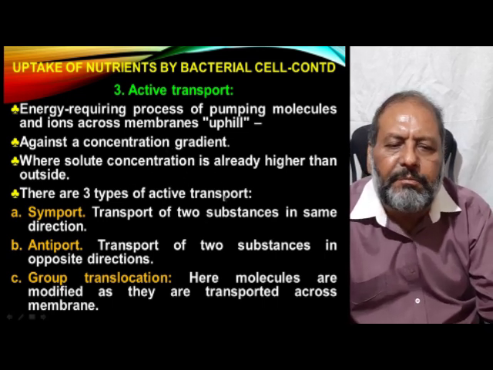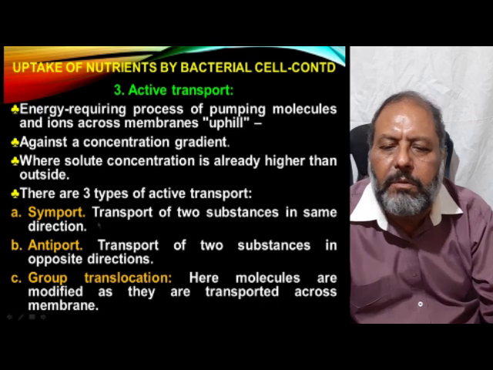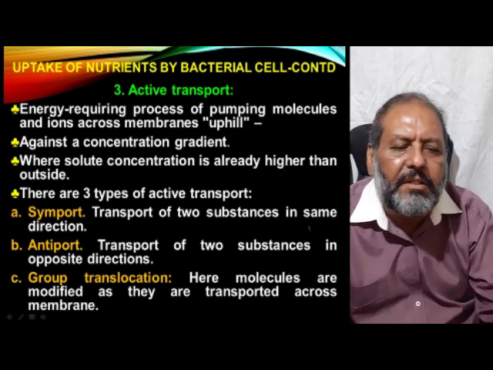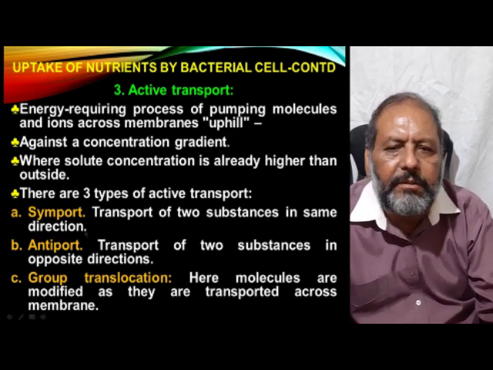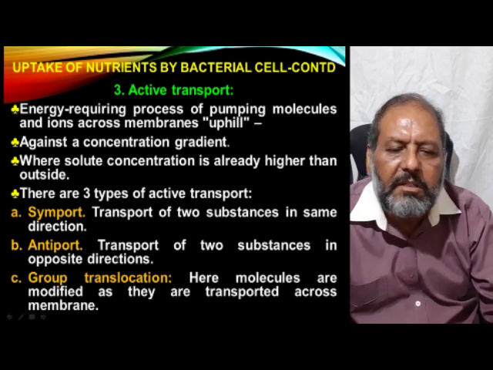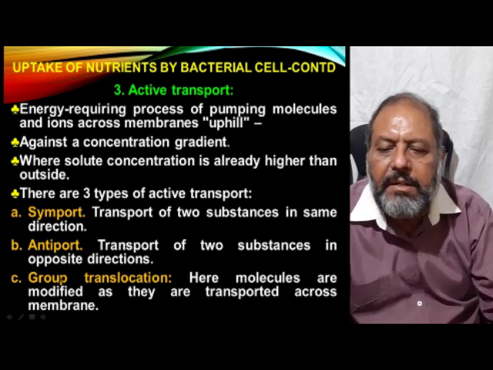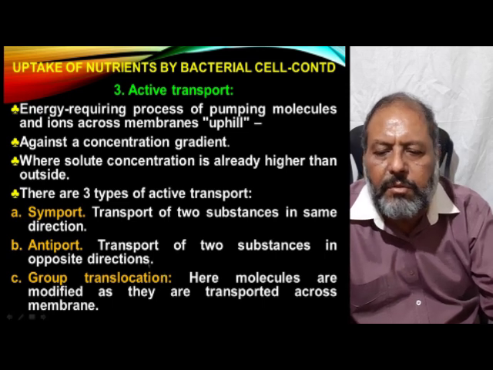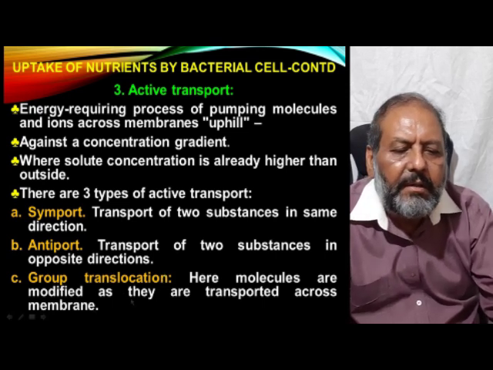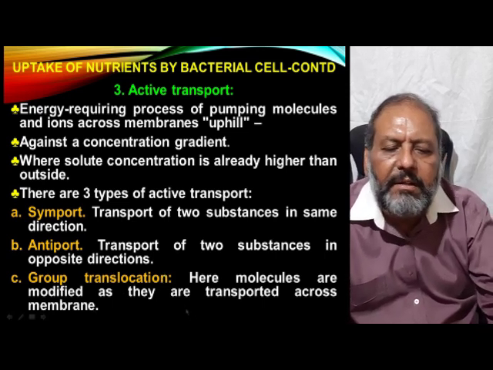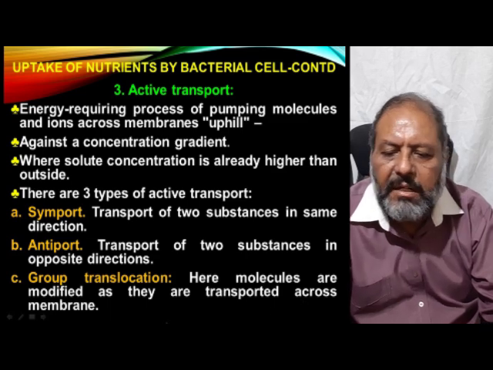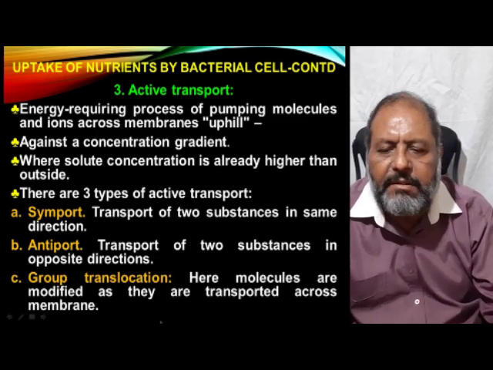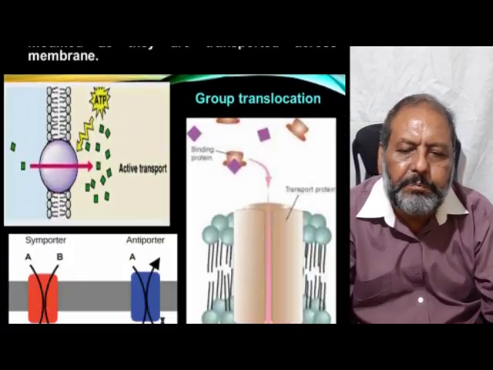There are three types of active transport. Symport, transfer of two substances in the same direction. Antiport, transport of two substances in opposite directions, one coming in, the other going out. Group translocation, here molecules are modified as they are transported across the membrane just to get an easy passage.